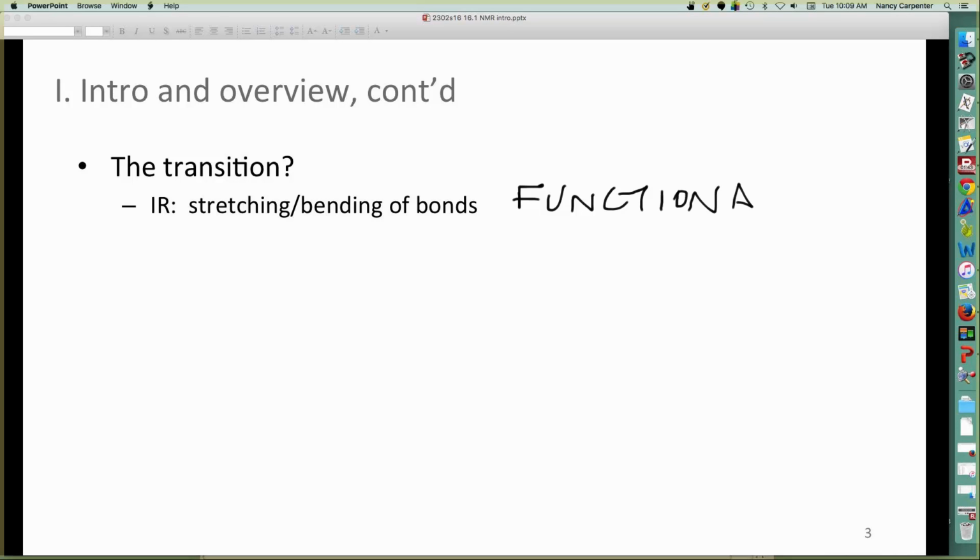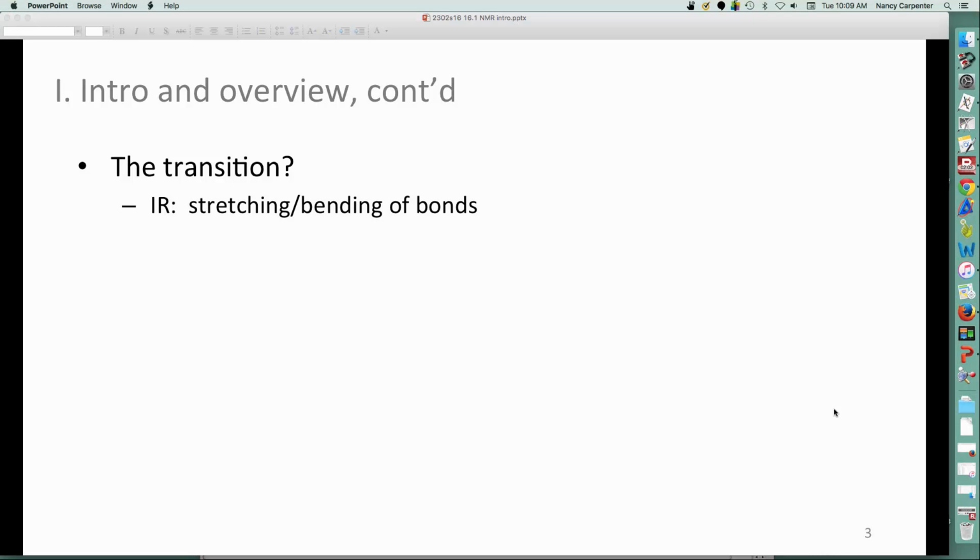Well, how about UV-vis? What about that? Well, with UV-vis, the energy transition, in other words, what's going on when the molecule or matter absorbs energy, is that an electron is promoted from a filled high energy orbital into an empty unoccupied orbital.